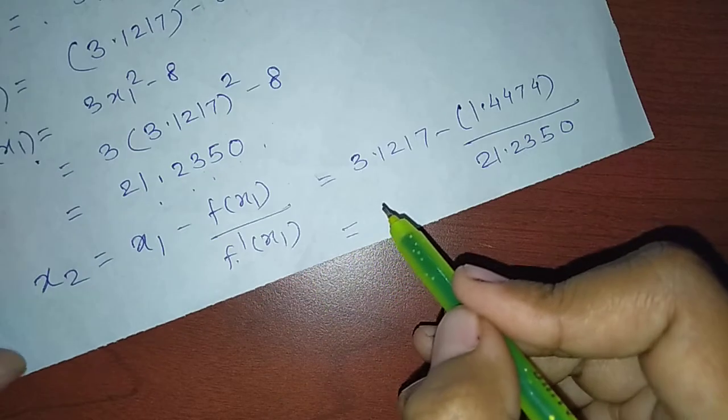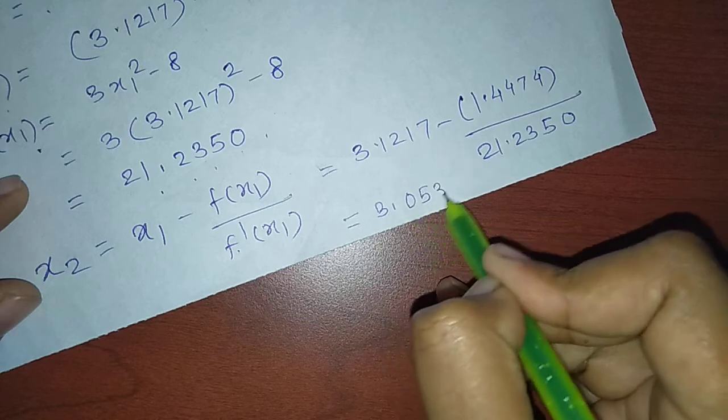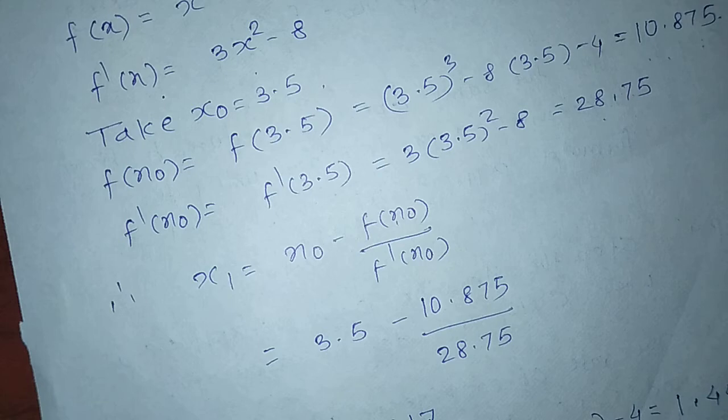After solving this, we get x2 equal to 3.0535. Now calculate f of x2.